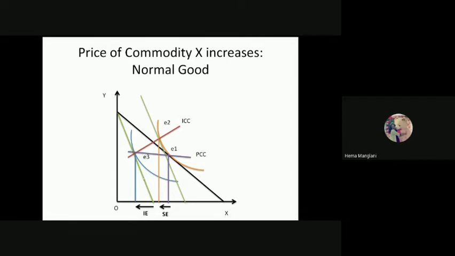The green line is indicating that the price of X is increasing. So from E1 to E2, when you shuffle your consumption, is the consumption of X increasing or declining? Declining, ma'am. Then what is the relationship between price and commodity X consumption? It's inverse, ma'am. And if it is inverse, then what will be the demand curve shape? Downward sloping, ma'am.